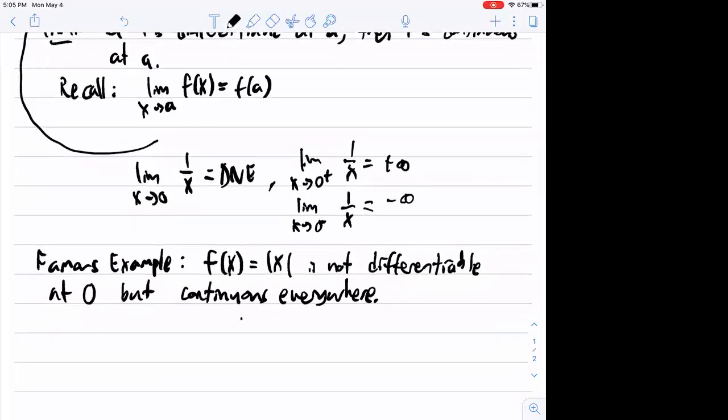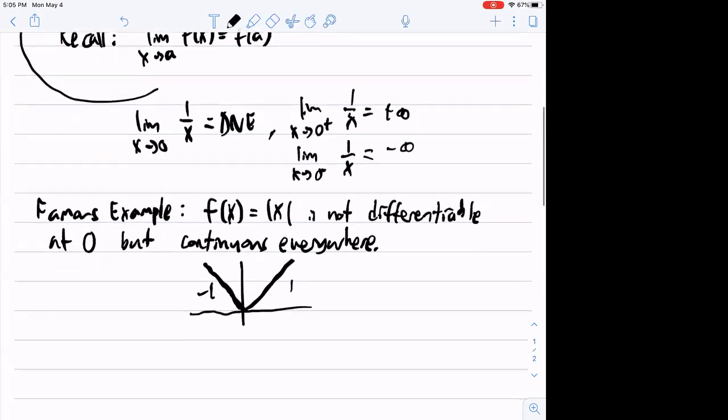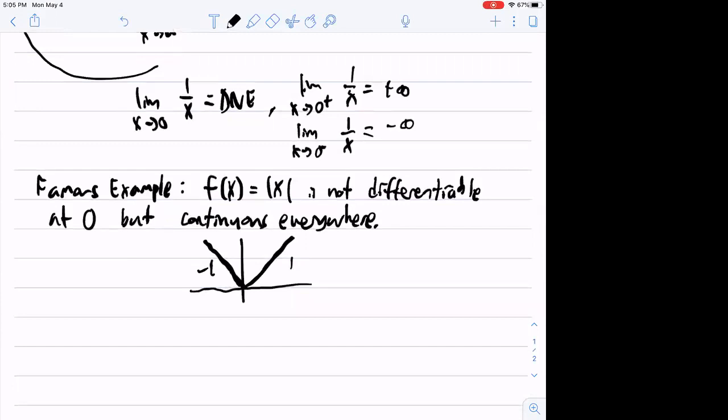And it's clear, right? If you just graph absolute value of x, it looks like a V, right? And at 0, there's a problem. If you think of the derivative as slope, the reason it's not differentiable at 0 is because you have slope -1 from the left, and 1 from the right here. The limit doesn't exist, basically. Okay. Any questions so far?